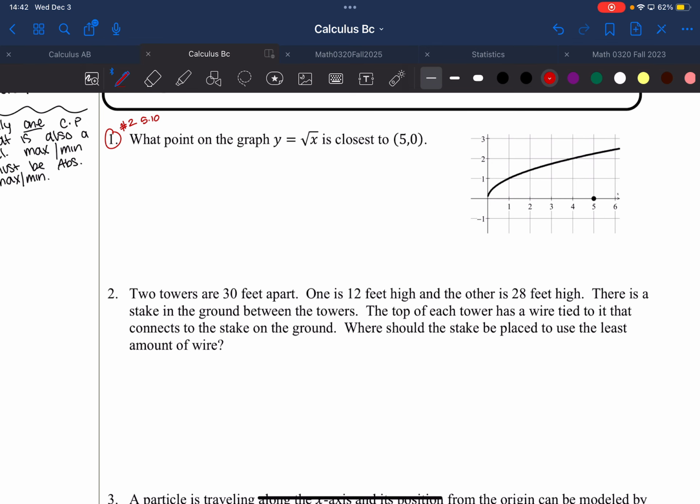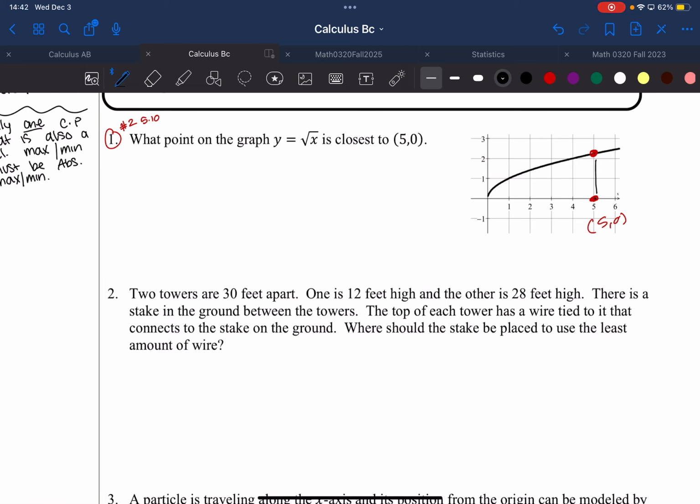In that example, it was asking us what point on the graph y is equal to the square root of x is closest to 5, 0. So here's the point 5, 0. And it wants us to find an approximate value. And we determined that that approximate value is going to come from the distance formula here.